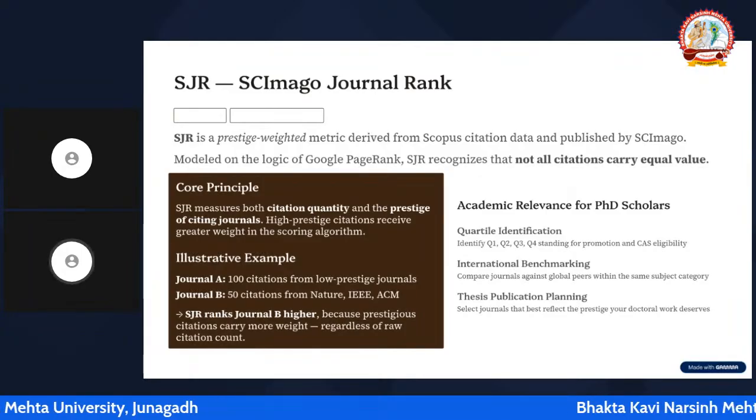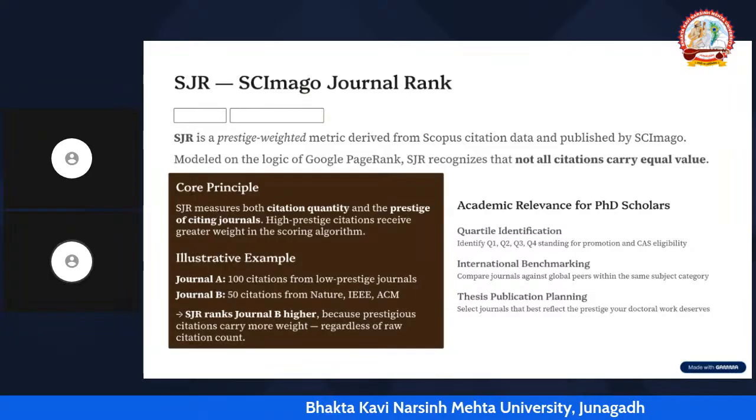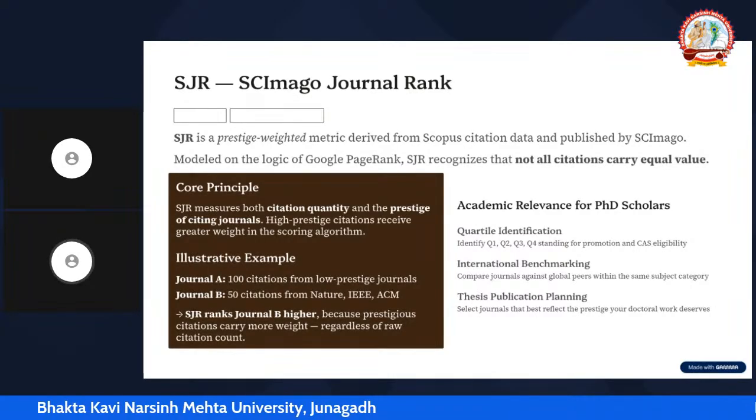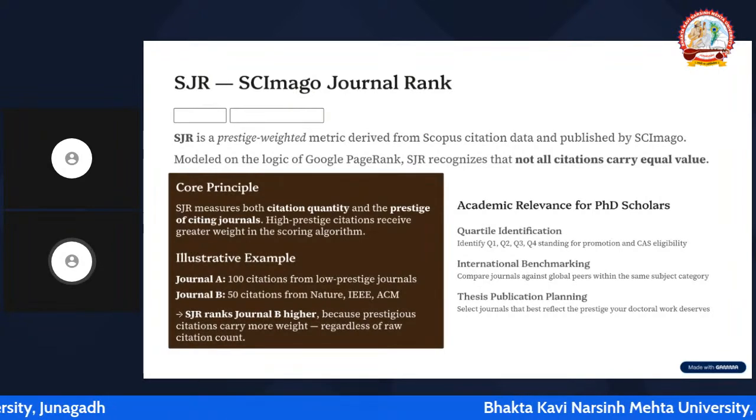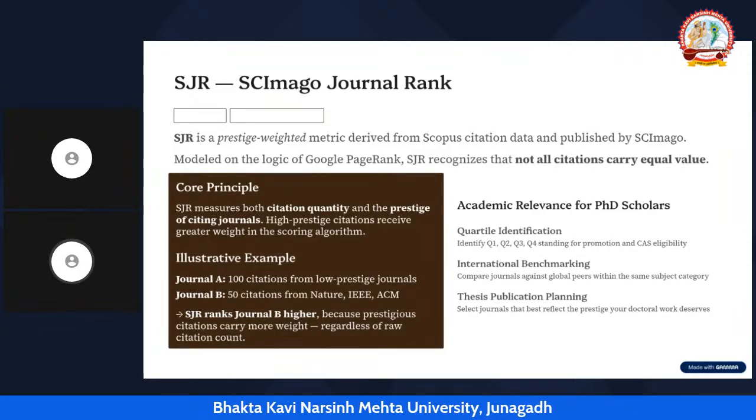We can also pronounce it as SkyMago or SCImago. That particular index metric is used to identify the journals that reside in quartiles Q1, Q2, Q3, and Q4.